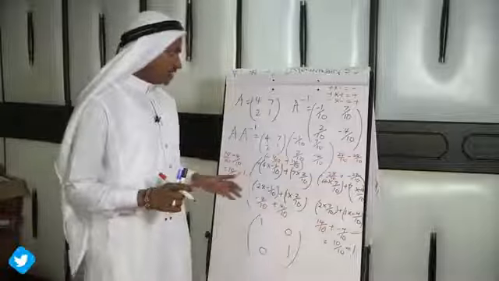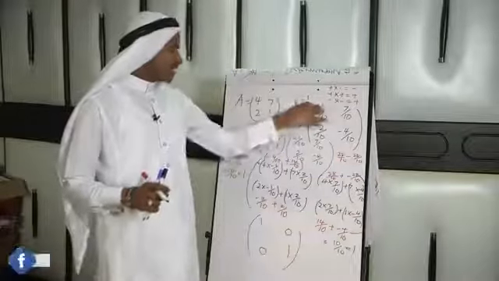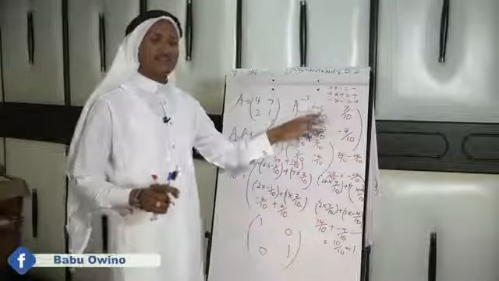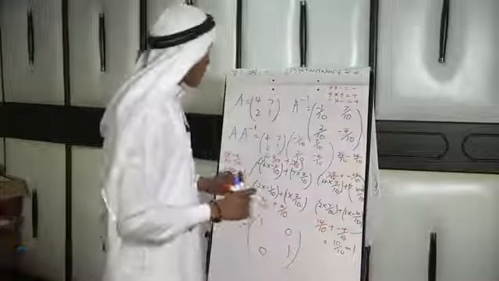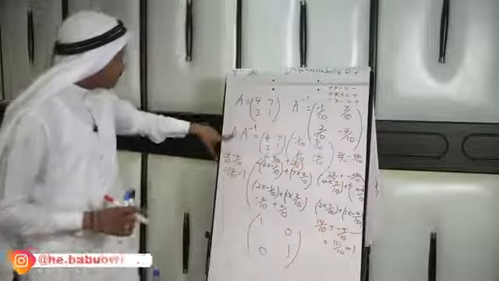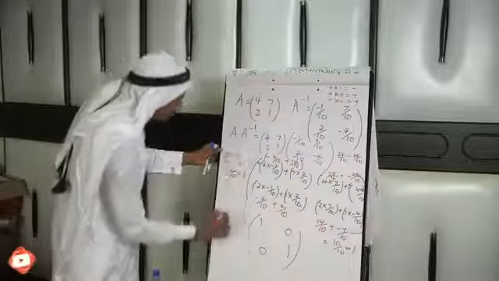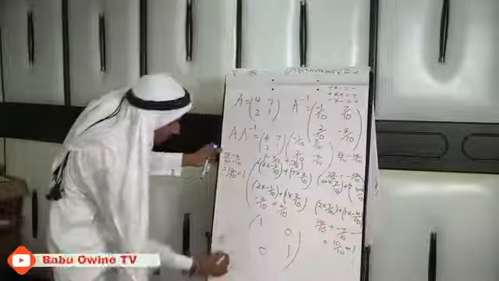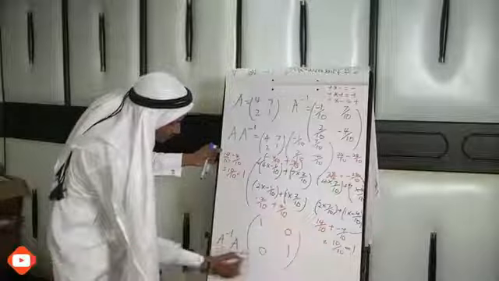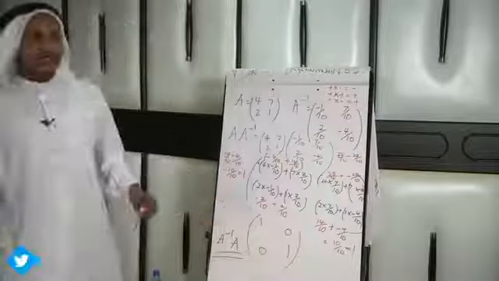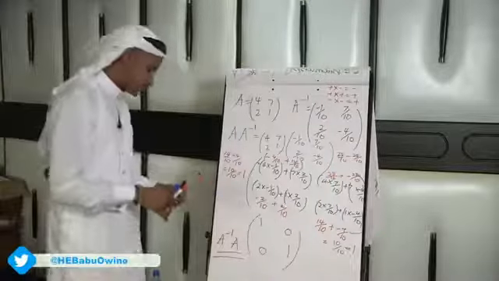We want to see if you pre-multiply the inverse first. In this case, we multiplied A by A inverse. What if we want to multiply A inverse, look here class, by A? Let's see if we are also getting the same answer.